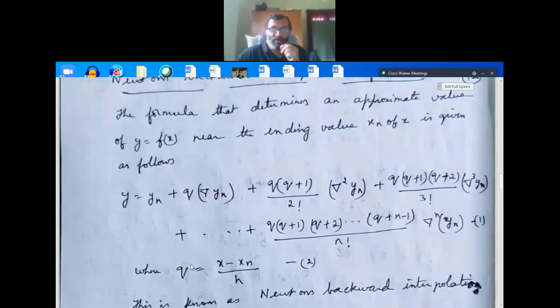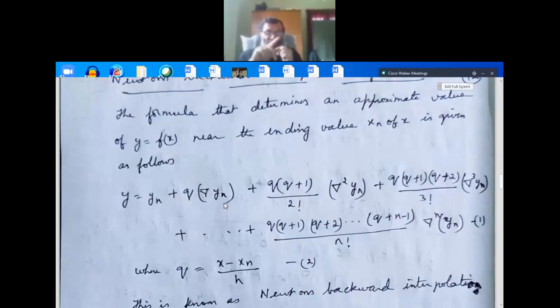So Newton's backward interpolation formula, you have to learn by heart. Derivation is not in your syllabus, only problems. So y is equal to yn plus q into del yn. See the symbol of backward here. It is not a triangle, it is the reverse of that. If it's a triangle, it is forward.